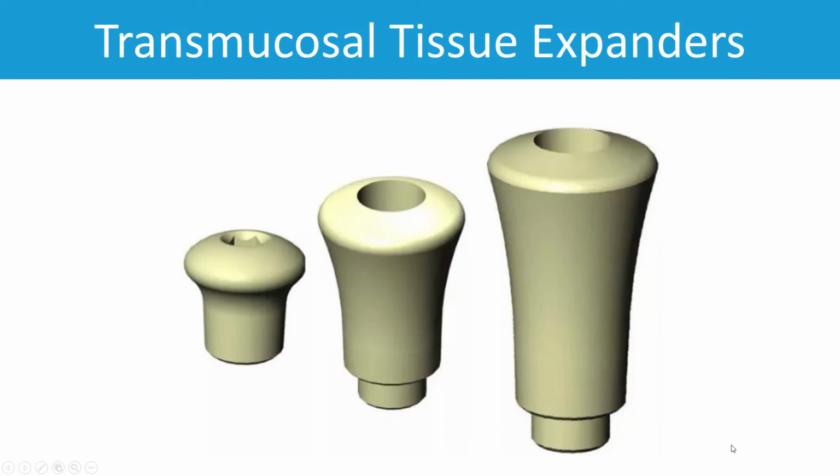Finally, we need to place a healing cap, and in this particular situation, we use these healing plugs called transmucosal tissue expanders. Other systems use screw-in titanium components, and these work very well, but unfortunately if they become slightly unscrewed, they can be quite irritating and upsetting to the patient, and as they wobble around on the implant they can cause a lot of soft tissue and possibly hard tissue damage, or even ultimately fracture, leaving components behind in the patient's implant.